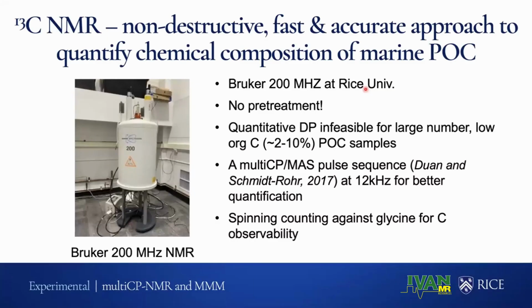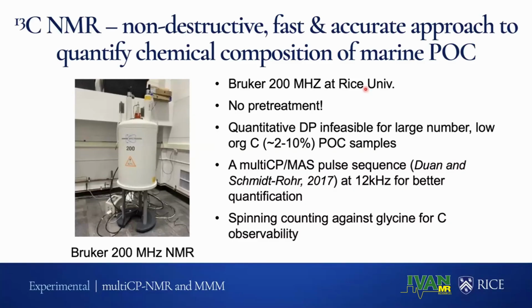For quantitative NMR analysis, the direct polarization, or DP, is the gold standard. However, quantitative DP analysis is almost infeasible for large numbers of low organic carbon POC samples, usually in the range of 2 to 10 percent, and it will take weeks to get just one good DP spectrum due to the extremely long recycle delay time.